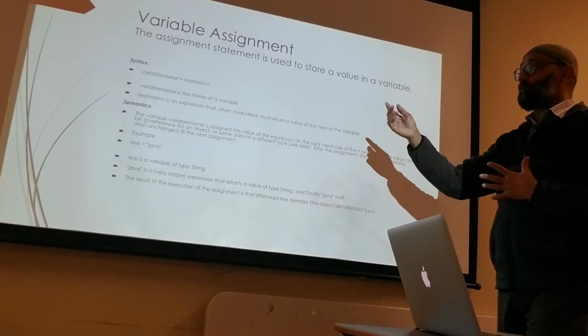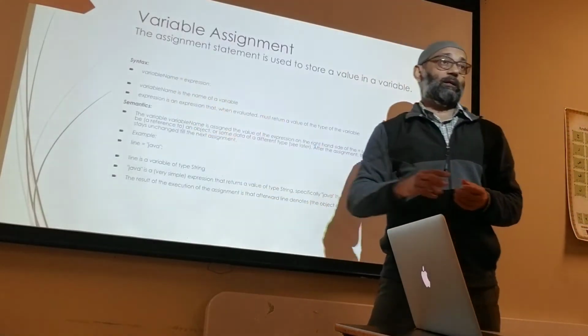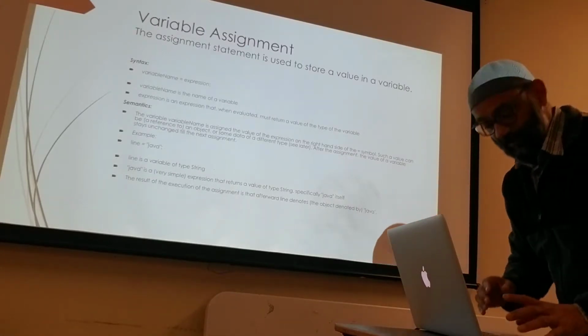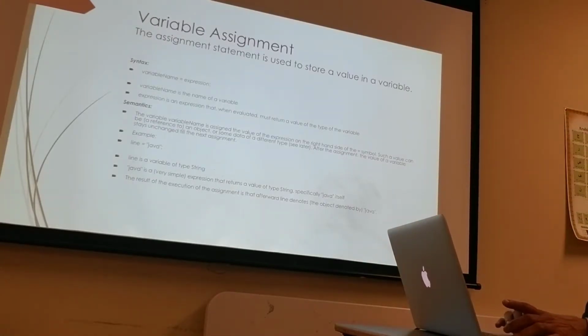Once we assign a value to a variable, that variable has now this value. If, in the next line, I assign the same variable another value, what would happen? Error? No error. It will take the new value. So I assign Musa a value, right?